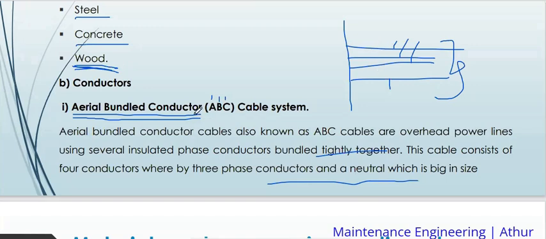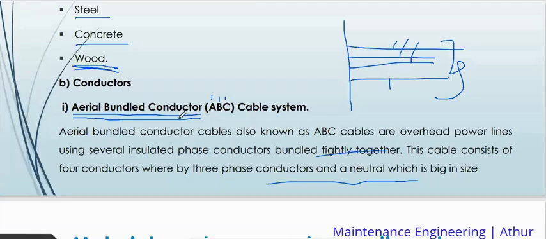But this one, even if it falls down, it is insulated, and therefore you cannot have severe accidents. Even if kids come and touch, before the responsible team comes, they will find the area is okay and not affected.